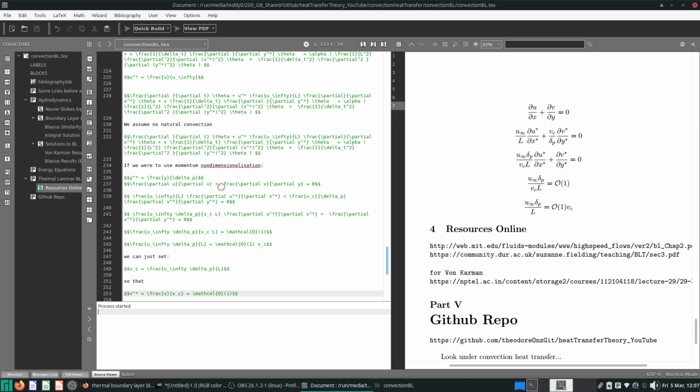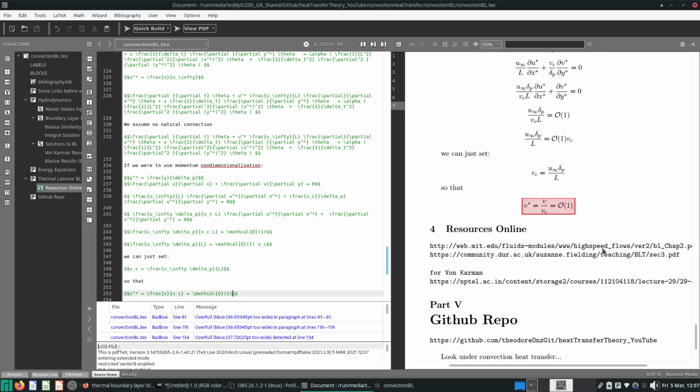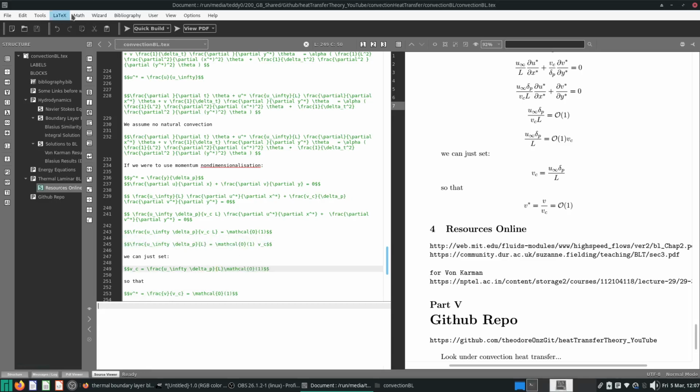It's a bit of a repetition of what I did last time, but just for revision. If you forget how to get VC, we always go back to the continuity equation. If you leave the order of magnitude of 1 here, it wouldn't really make a difference, because you just set order of magnitude 1 in the denominator. It will be the same.